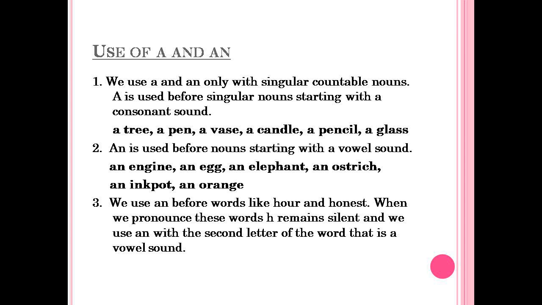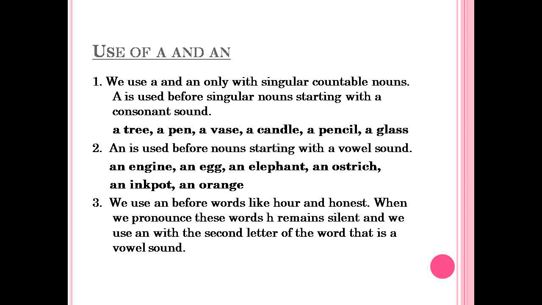We know a, e, i, o, u are vowels, and except those, all are consonants in the English alphabet. So if a word is beginning with a consonant sound, I repeat, consonant sound, and not just the consonant letter, we use a before it.